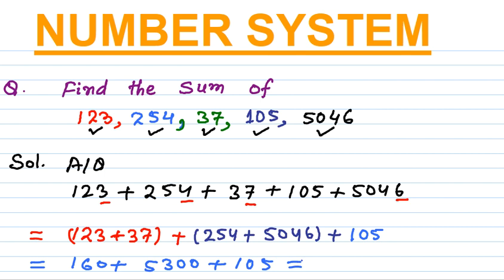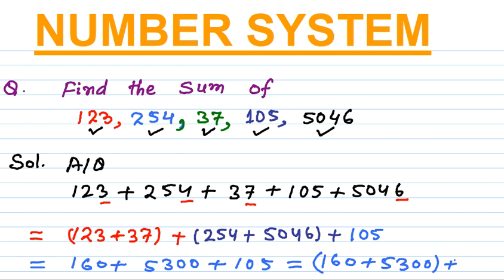What would be the result? That is what? So group it: 160 plus 5300, because the unit place contains 0, right?